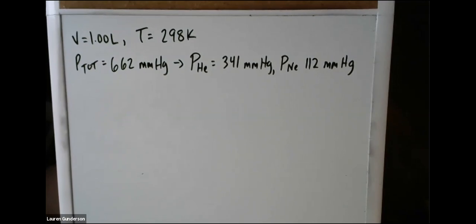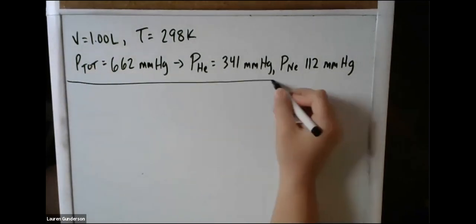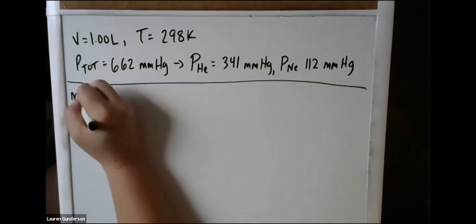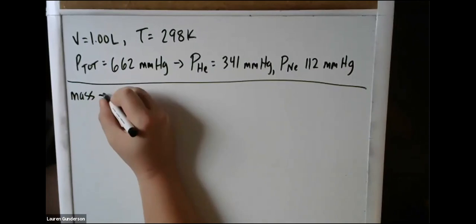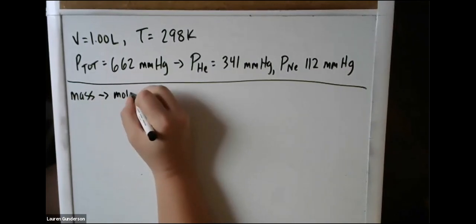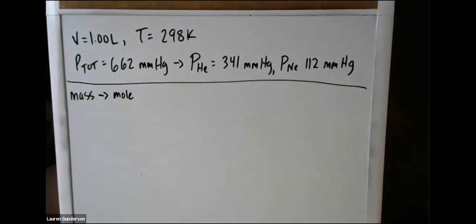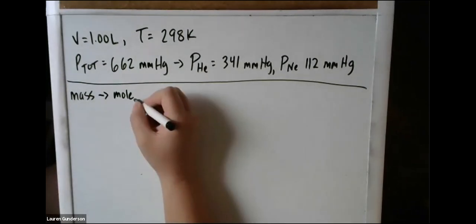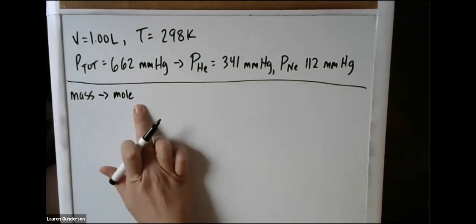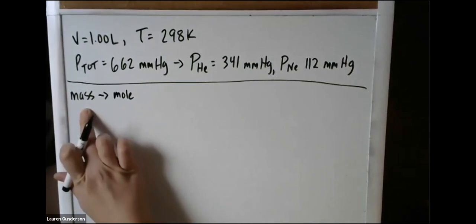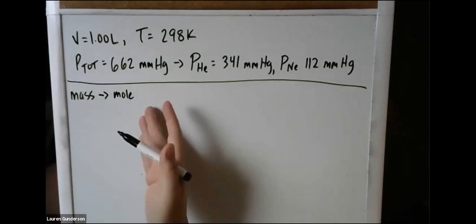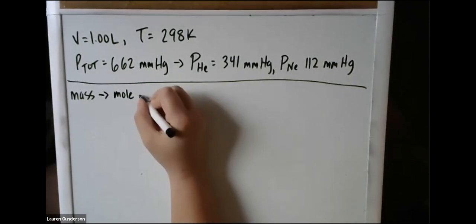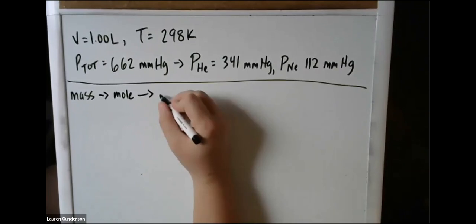Anytime that you're asked to find a mass value, we should be comfortable by now understanding that that is going to be directly related to a mole value. So we're going to need to know the moles of argon before we can figure out what the mass of argon is. And how are we going to calculate moles of argon? Well, it's a gas, so we're going to use our ideal gas law.